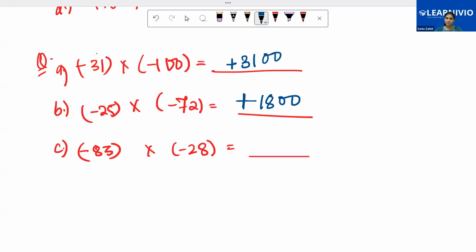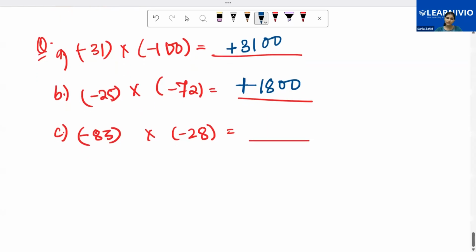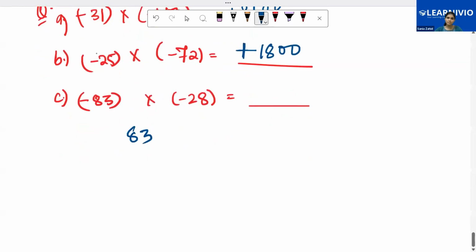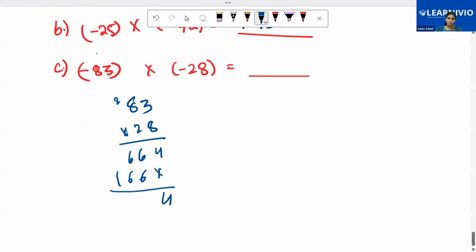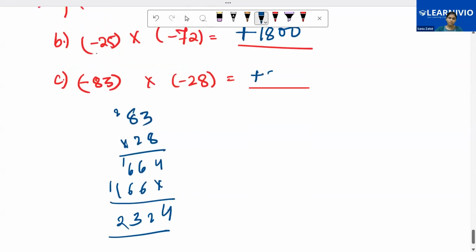What's taking so long? You just have to multiply 83 and 28. Multiply it. You'll get 2324. Okay? You understand this?